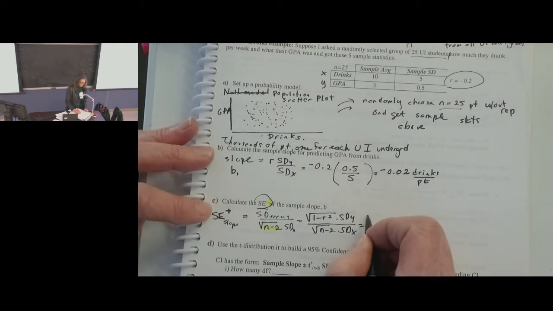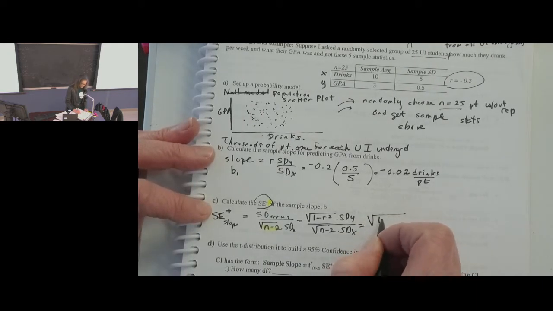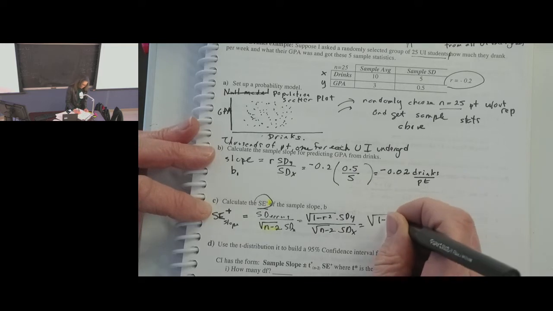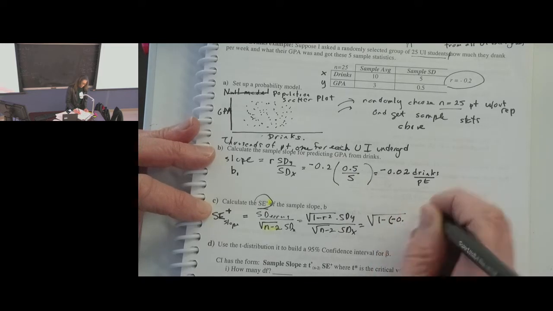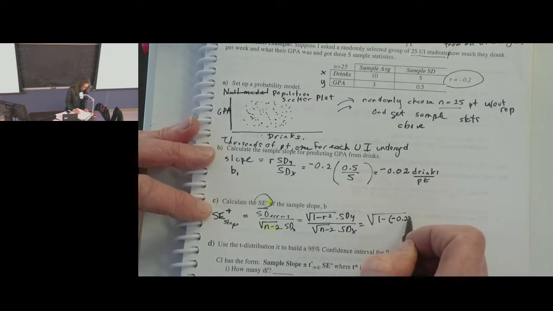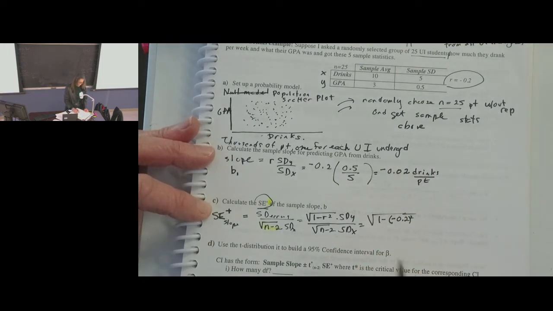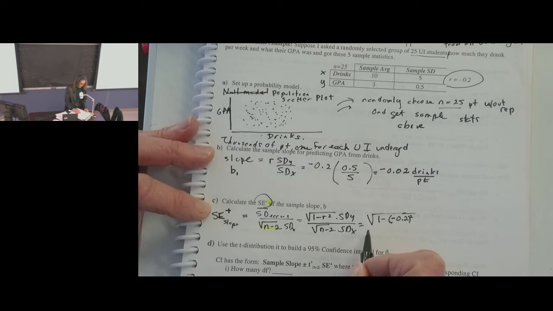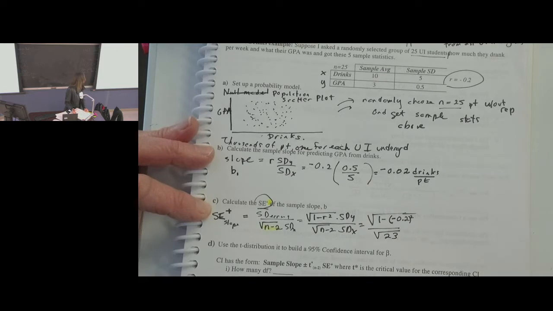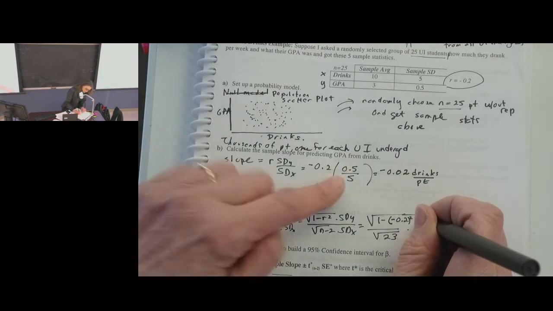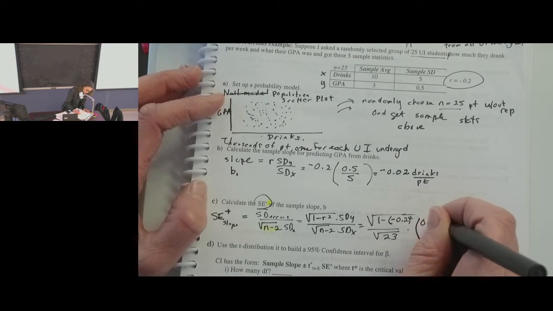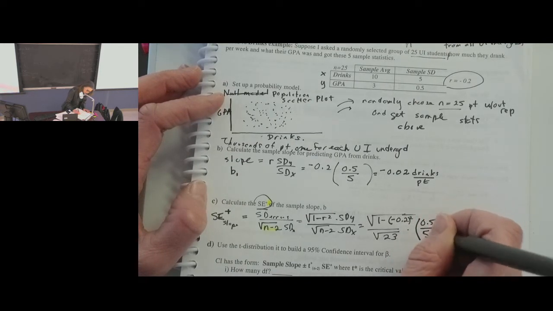So we'll take the square root of 1 minus negative 0.2 squared, that's our numerator, over the square root of 25 minus 2, and then times this ratio, 0.5 over 5.